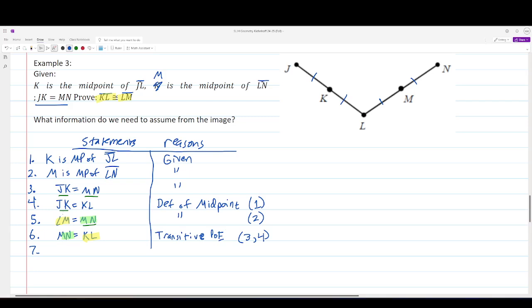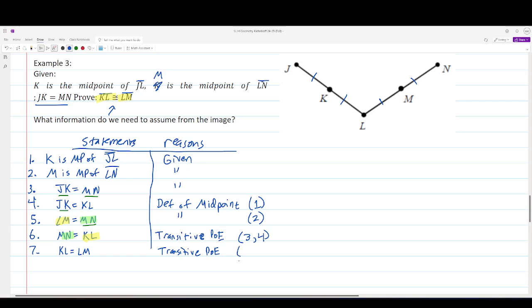So instead of writing it LM equals KL though, I'm looking ahead at my prove statement, and it says I want KL on the left. So I'm going to do KL equals LM. And that's using transitive POE.